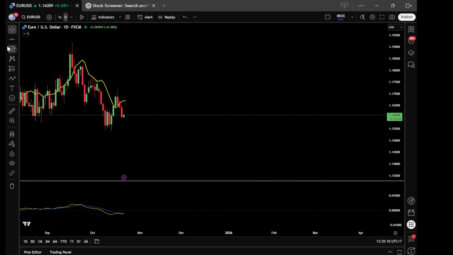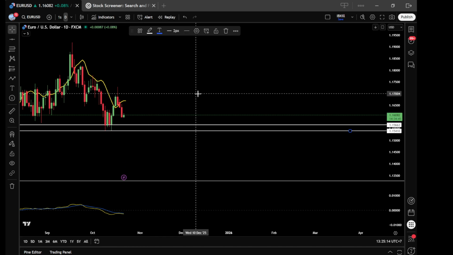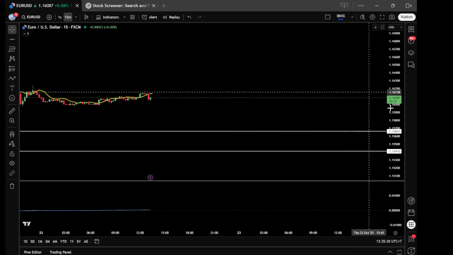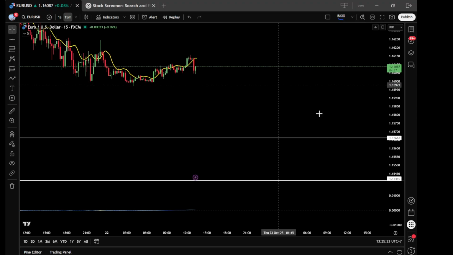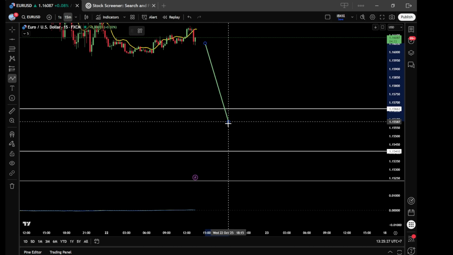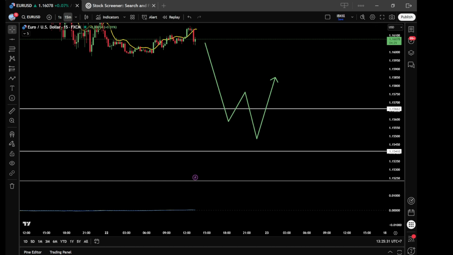For some reason it didn't hold those lines. So zoom into the 15. What I want to see is some euro weakness down into this level here, something like this, and rallying up.